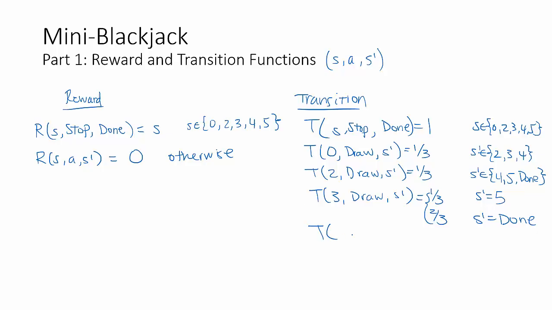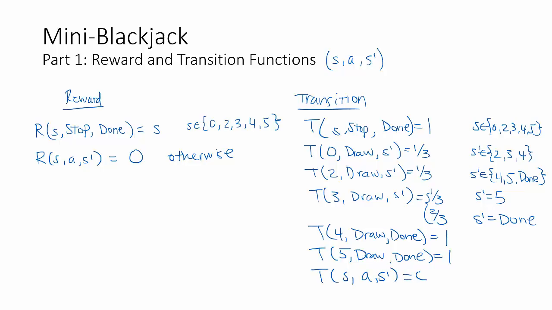Starting at state 4 and taking the action draw, we're guaranteed to land in the done state, so this probability is 1. Same thing applies if we start at 5. So these are the valid transitions. Everything else just gets assigned to 0. And that's the whole transition function.